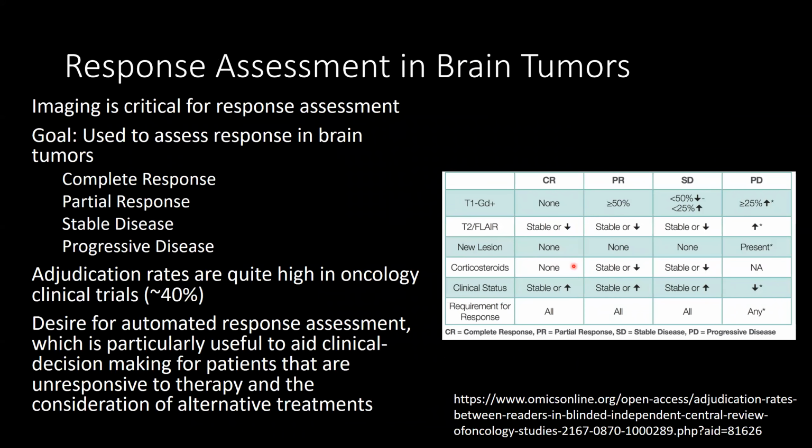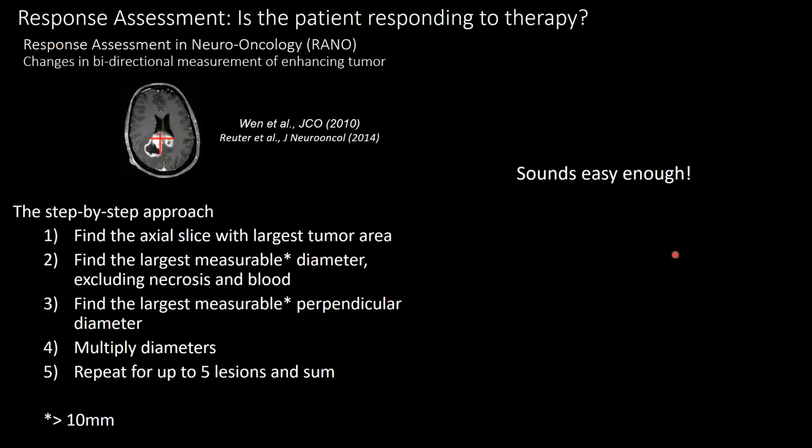Once we have a way of estimating the volumetric tumor burden, a logical next step is using this for response assessment. Here, of course, we'd like to assess if the patient has experienced a complete response, partial response, stable disease, or progression based on this criteria. To do this, the response assessment in neuro-oncology, or RANO criteria, is often used.